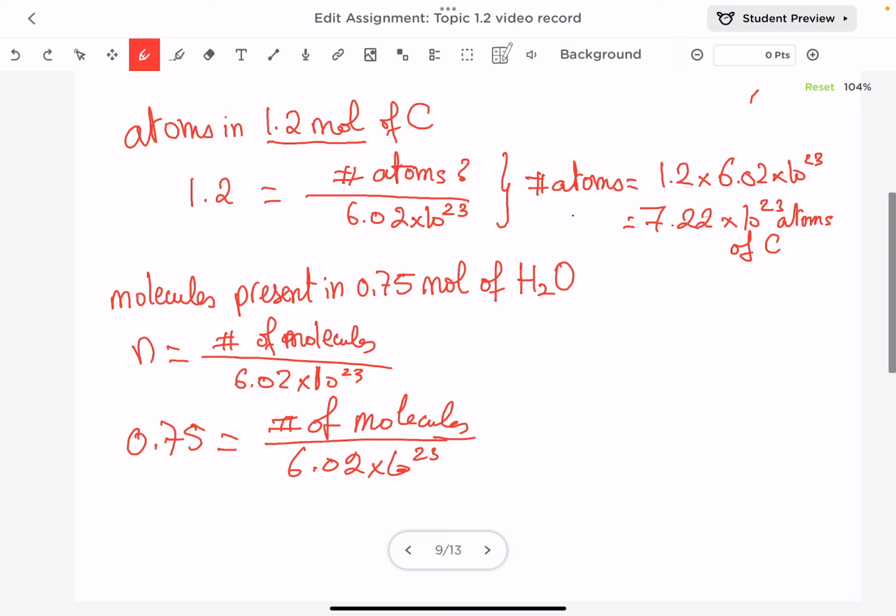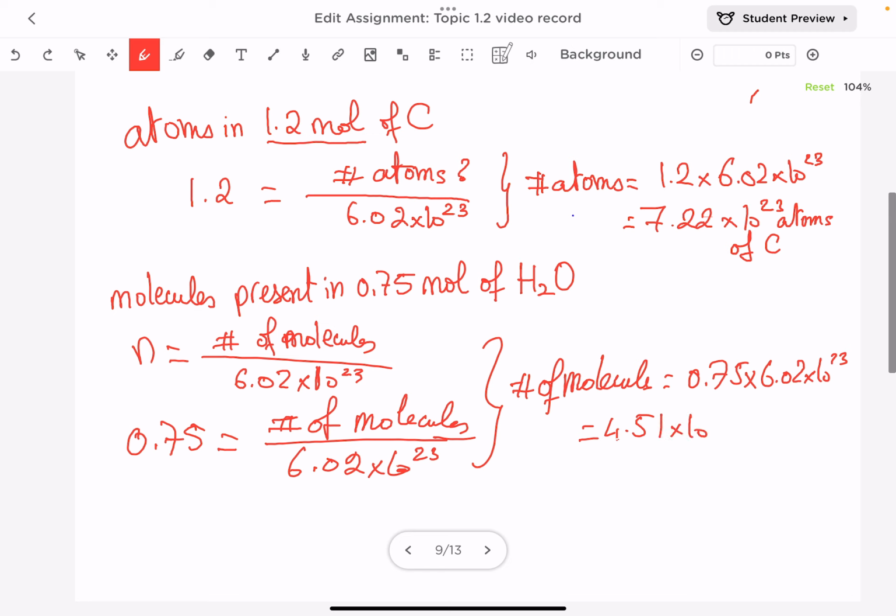So we multiply number of molecules equal 0.75 times 6.02 times 10 to the power 23. And the answer would be 4.5 times 10 to the power 23 molecules.